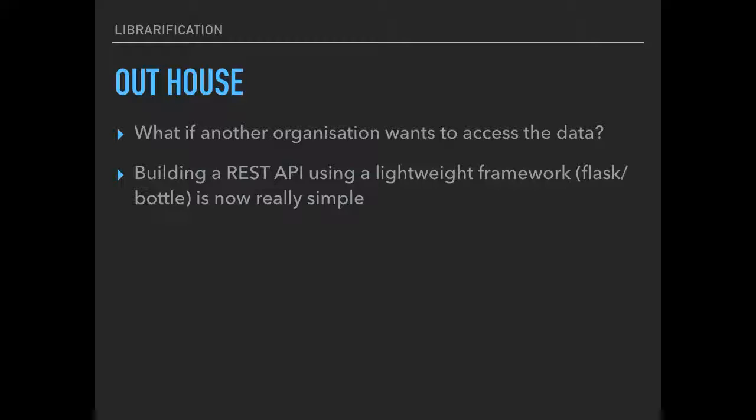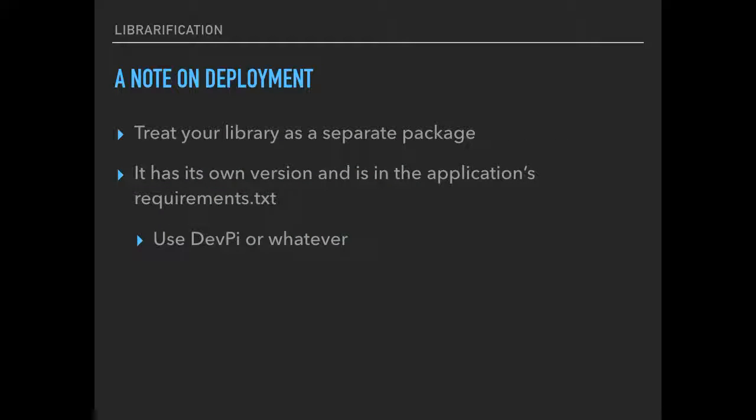Well, now it's trivial to instead build a REST API using a lightweight framework on top of your library. Just on the subject of deployment, you should treat your library as a separate package. So it'll have its own version, and you can refer to that version in your main application's requirements.txt, and then just host your library on DevPy or whatever you use.